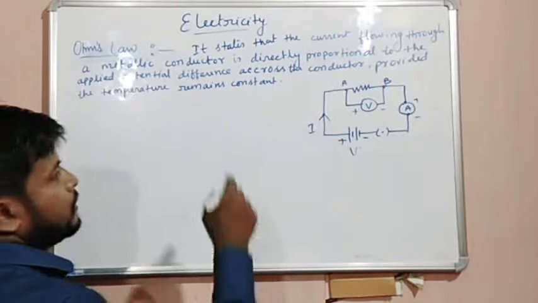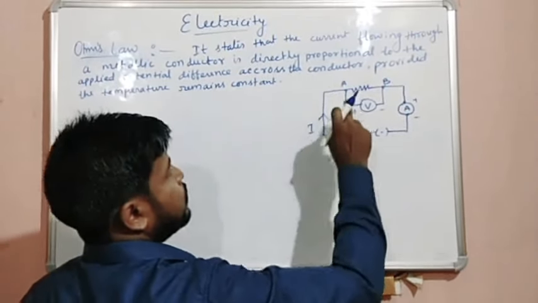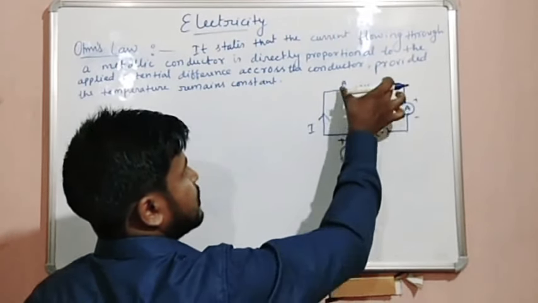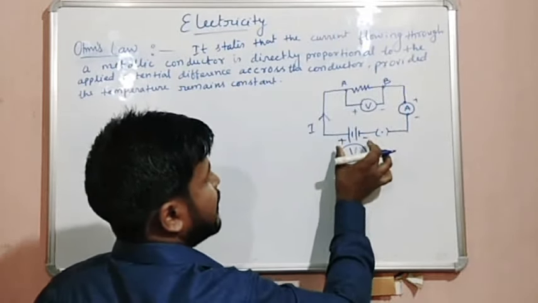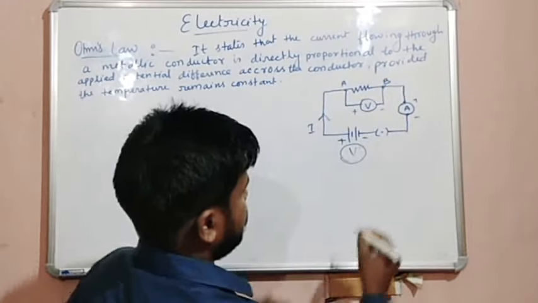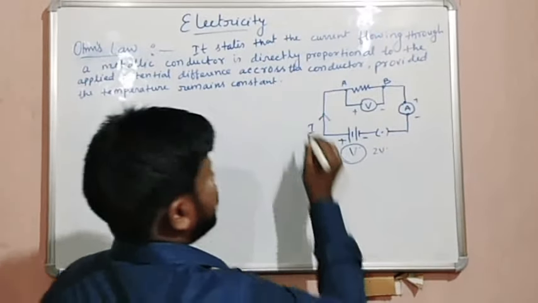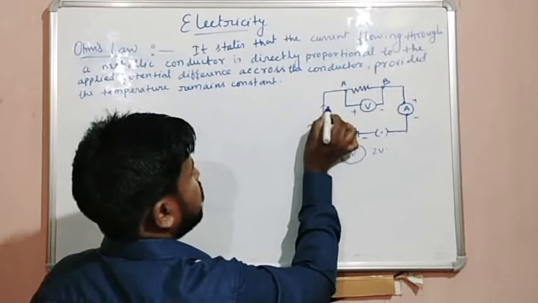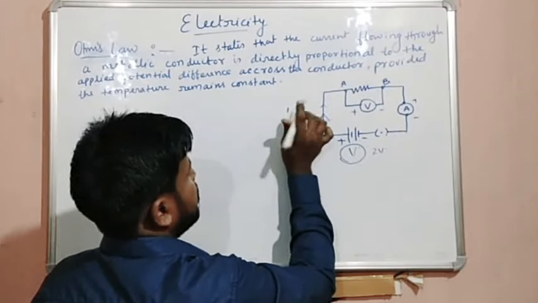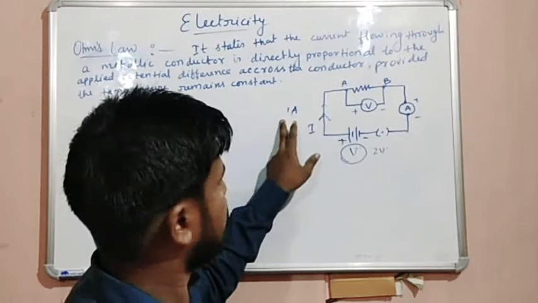Now the current flowing through this circuit is directly proportional to the applied potential difference across this conductor, because we have applied this battery across this conductor. So suppose we are using a 2 volt battery. I found the current, suppose 1 ampere. Due to a 2 volt battery I got a current of 1 ampere.